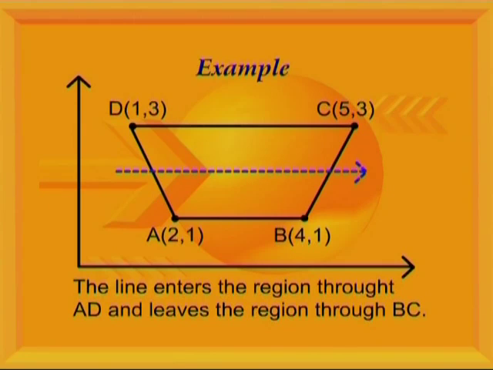First it meets the line AD, and then it leaves the region where it meets the line BC. So this will be easier for us. For this purpose, first of all, we should know what is the equation of the line AD and what is the equation of line BC.